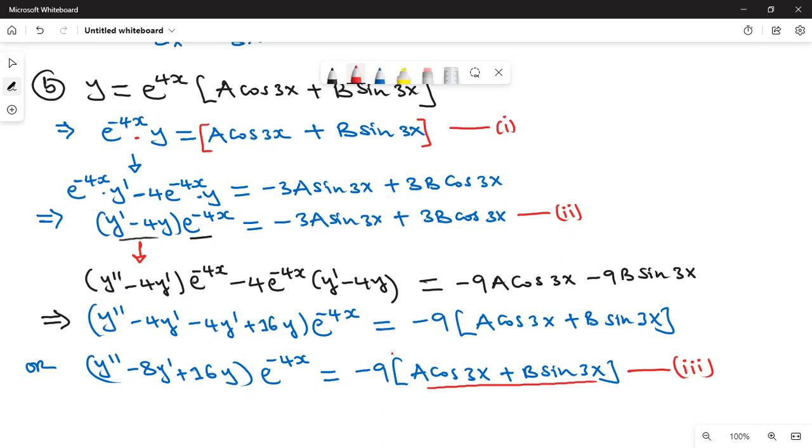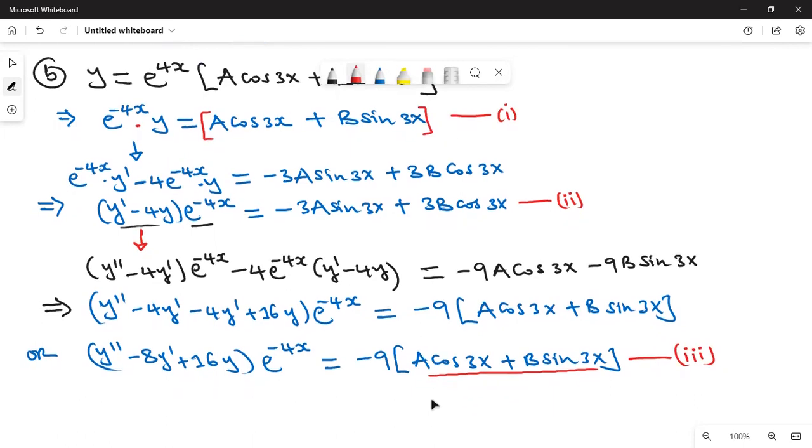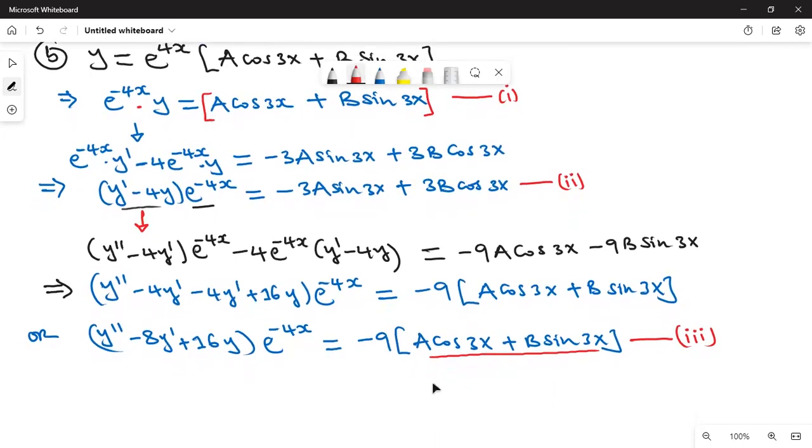So we are going to substitute equation 1 into equation 3 so that we can get rid of a and b.